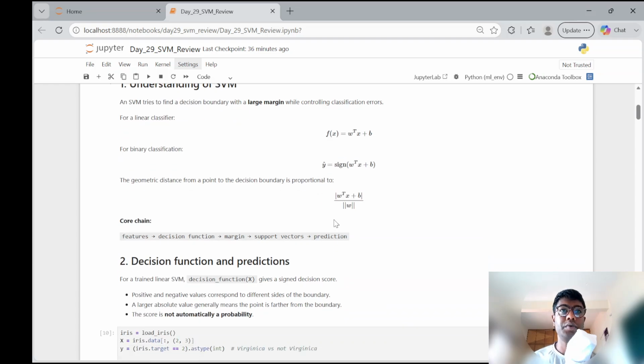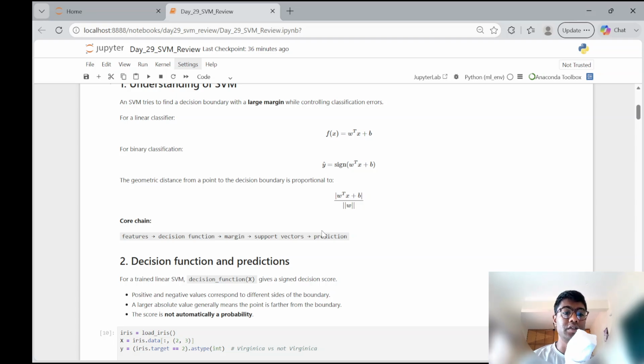So SVM, in simple words, helps us classify between two classes of data points. For example, let's say we have two classes of dataset. We ask SVM what is the decision boundary that can separate these two classes for a given dataset.